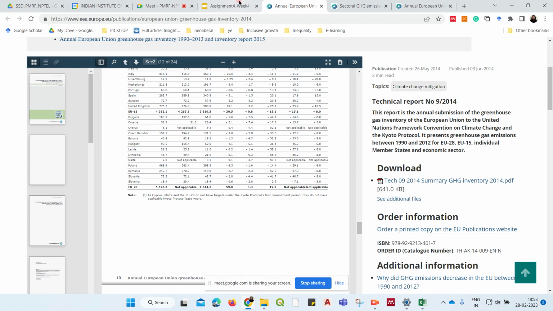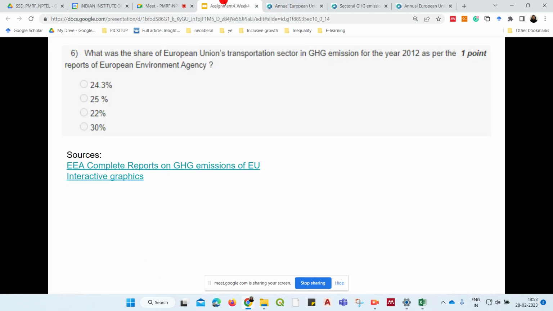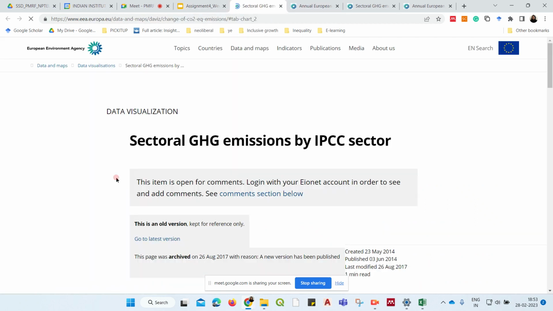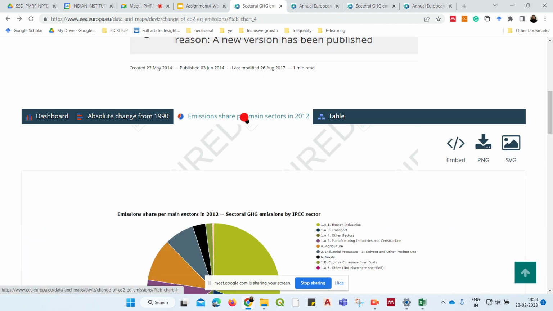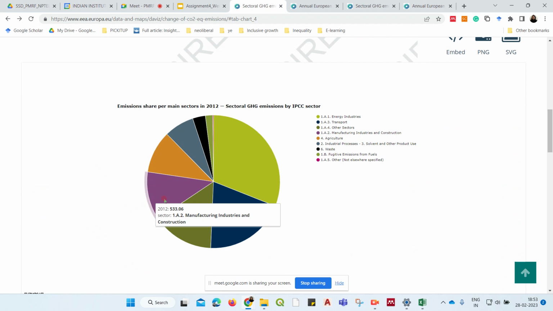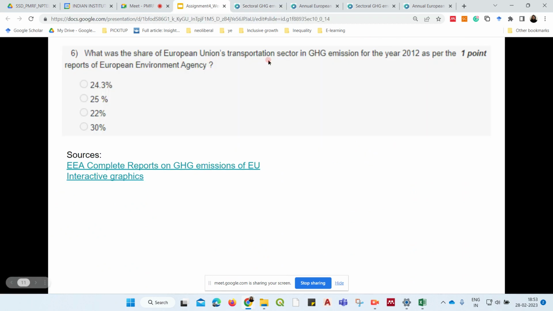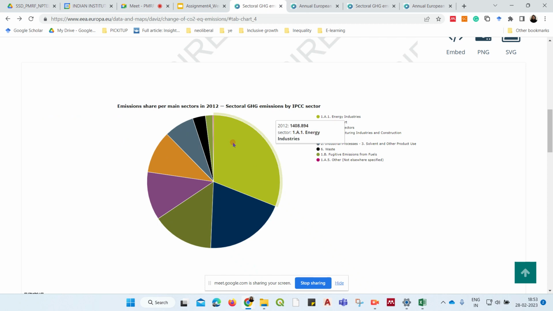Another thing which you can do is go to this link which presents the interactive graphics of the emissions in short, so at a glance. And that is what we are actually required here. So GHG emissions sector wise for year 2012, which is what this graphic is showing.